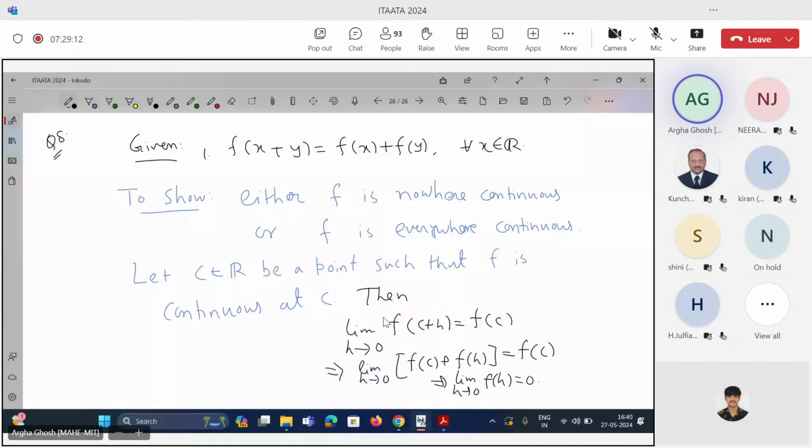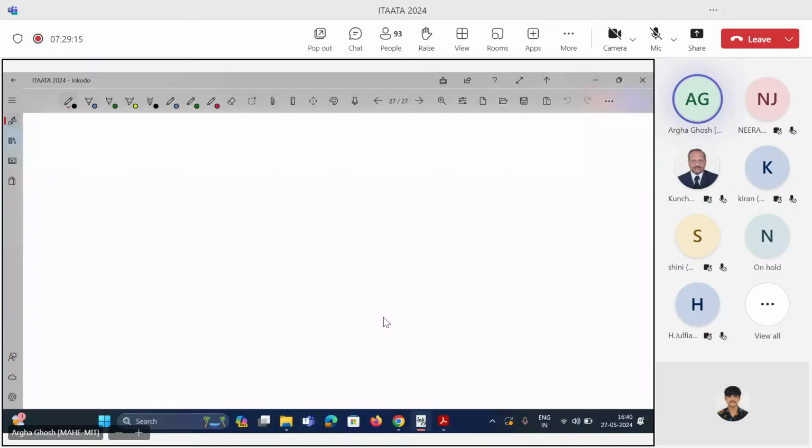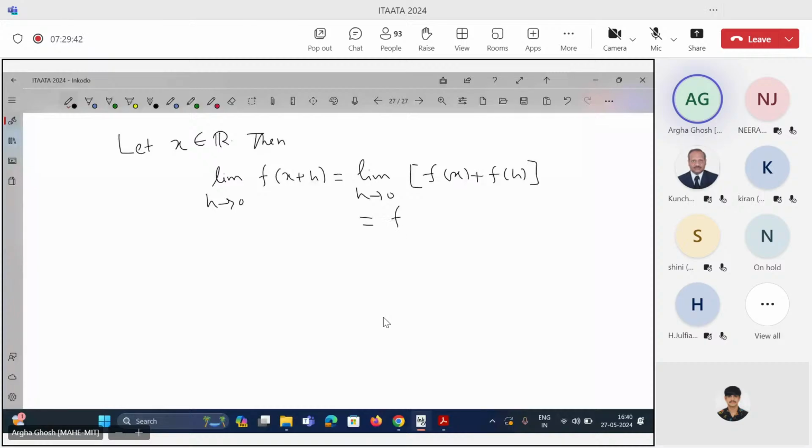By additivity, x belongs to R, then limit h tends to 0, f of x plus h is limit h tends to 0, f of x plus f of h, which is f of x plus limit h tends to 0, f of h, and this is f of x because this part is 0.